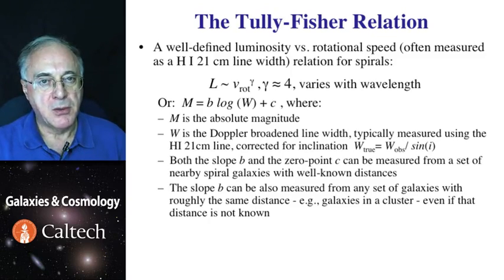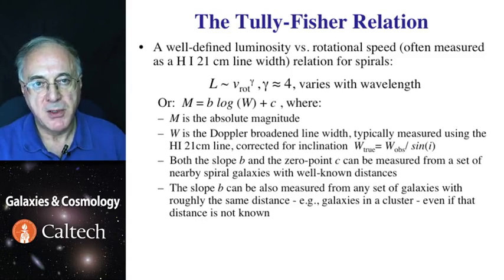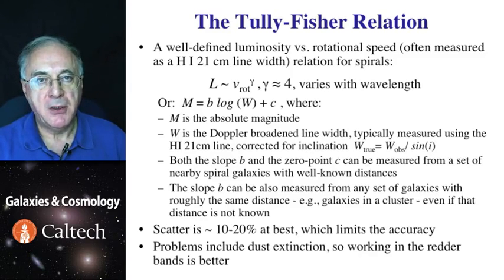So we can establish this correlation using spiral galaxies with well-measured distances nearby, and then try to apply it to much more distant ones. In practice, the scatter of the Tully-Fisher relation is typically 10 to 20%. The very best that has been done is about 9%. And that's including all the measurement errors. So it's actually a very good correlation when done well.